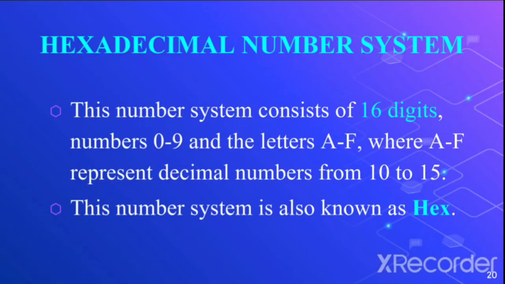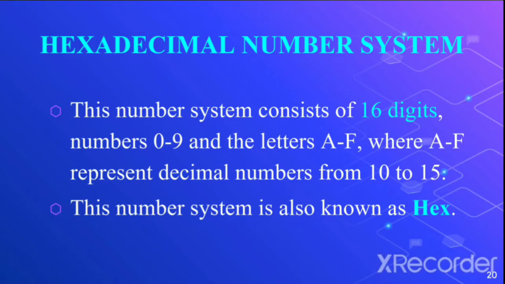Next number system is hexadecimal number system. Hexa means 16. So in this number system we are having 16 digits. That is, we are having numbers from 0 to 9 and letters from A to F. Now see, what does A represent? A represents 10, B represents 11, C represents 12, and so on till F represents 15.